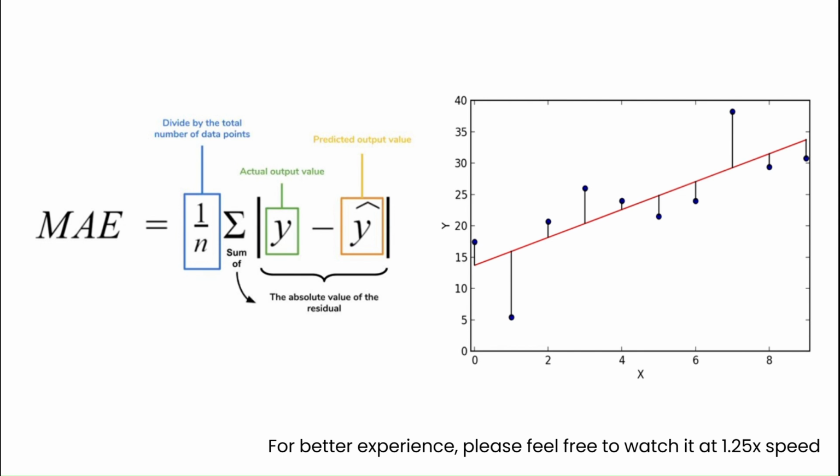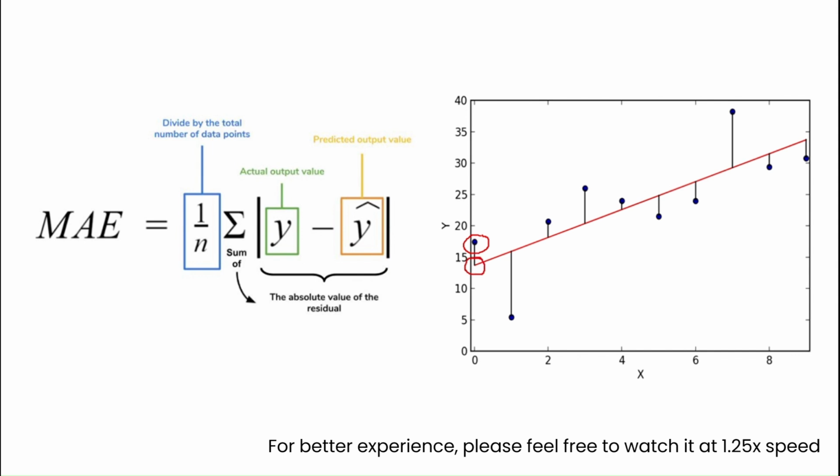If you see here in this image, it's the same formula. All of these blue dots are actual data points, and this red line here is the predicted value. It is the best fit line, and this gives us the predicted value. So y here is the actual data point, this point, and y cap is the predicted value for this, which is this point.